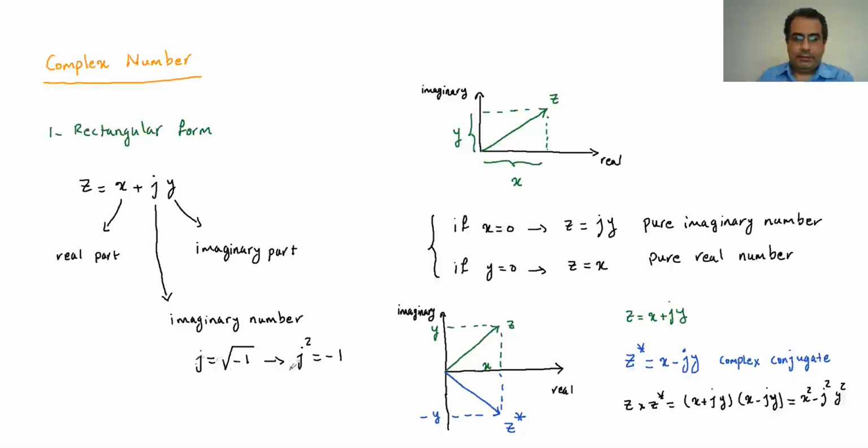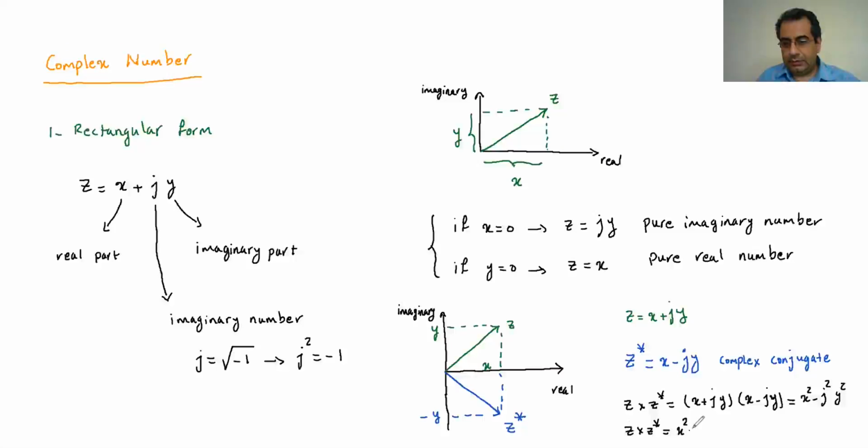And look, j squared is -1. So z times z star is going to be x squared plus y squared.